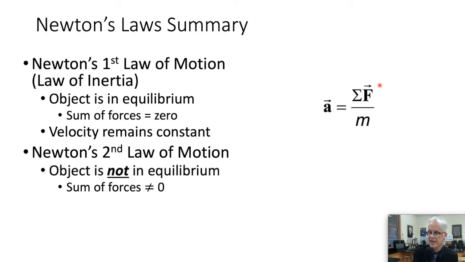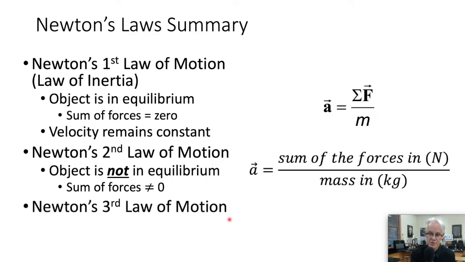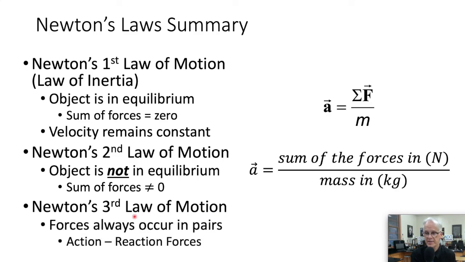It tells us that the net force on an object is directly proportional to the acceleration. Forces cause acceleration. Acceleration is inversely proportional to the mass. Finally, Newton's third law of motion states that forces always occur in pairs. These are action-reaction forces.